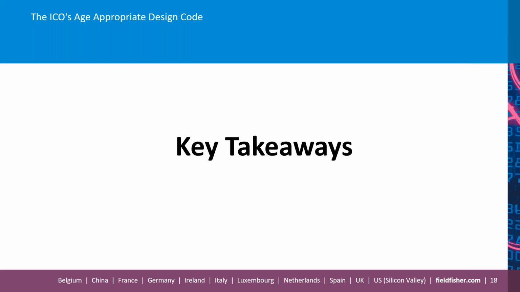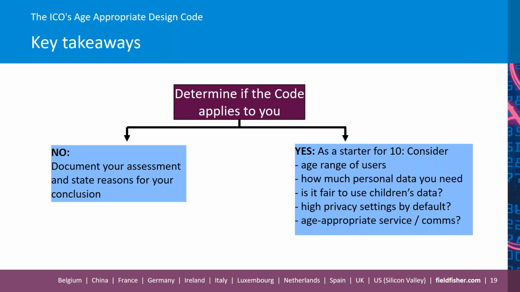So just looking at what could be the key takeaways for you today, particularly as we consider how this code fits within the GDPR and also what you now need to do on top of your GDPR provisions. So, does the code apply to you? I think this is very much the first question you need to be asking yourselves.